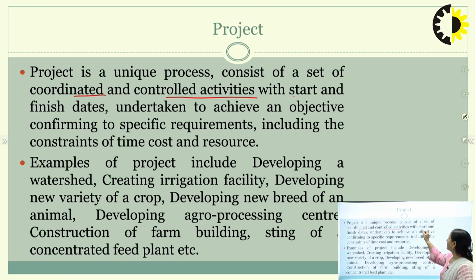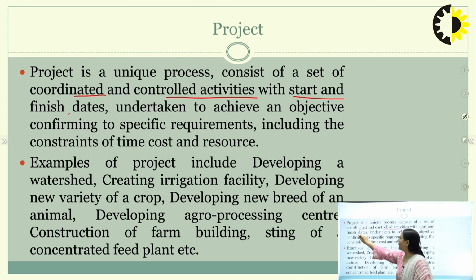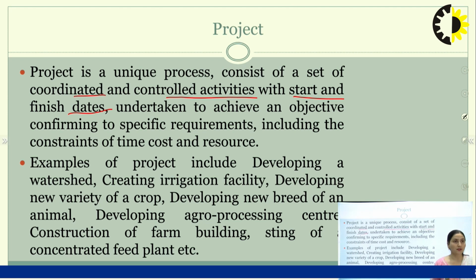So a start and a finish date properly need to be there. And it is undertaken to achieve a particular objective conforming to the basic requirements, including the constraints of time, cost and resources. This is a very, very easy definition that you can easily understand.